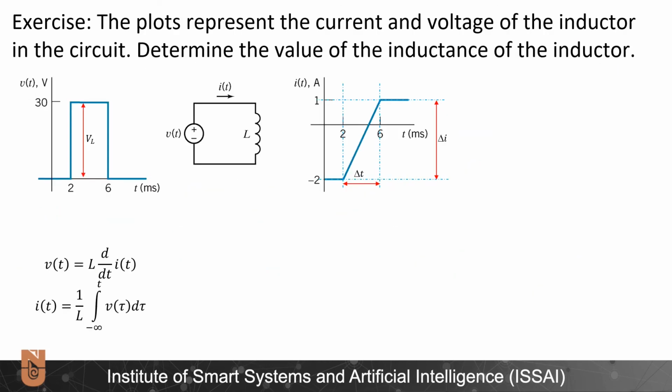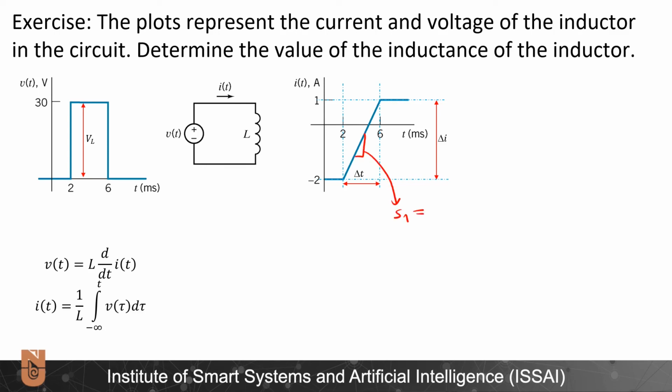So here the plots represent the voltage and current of an inductor in the circuit, and we need to find the value of the inductor. Here we will be using this relationship, V is equal to L times di over dt. However, we need to understand that di over dt here is a constant because the current is changing as a linear equation. So let us try to find the slope of this curve.